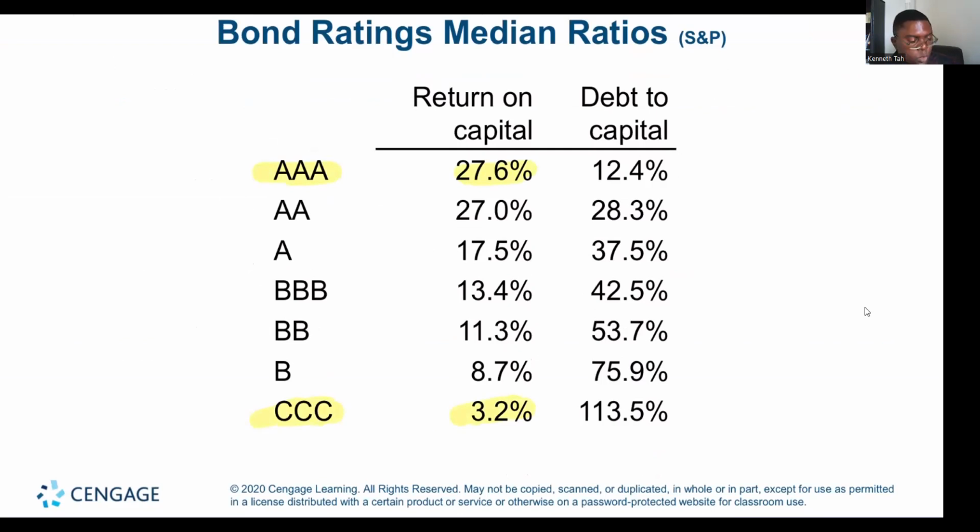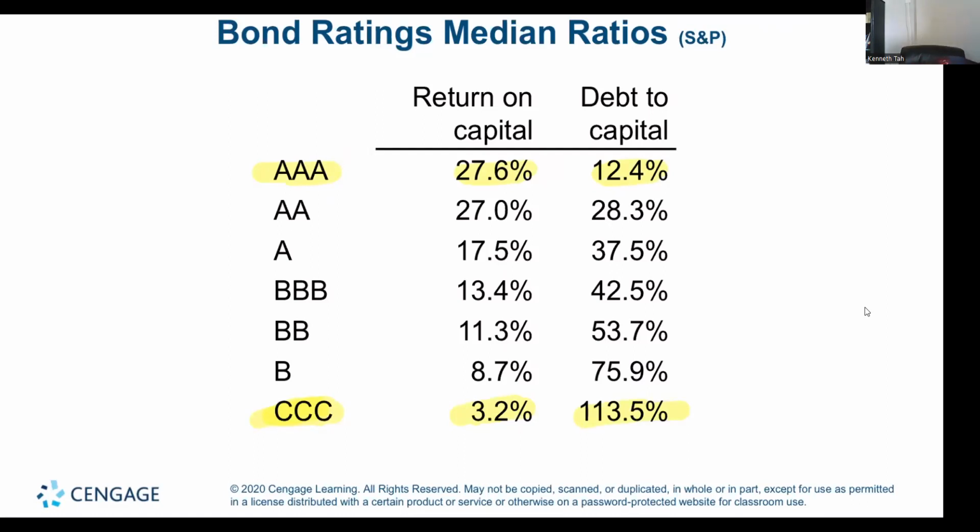The same is true with debt ratio. Bonds with a high rating have a lower debt ratio, whereas bonds with a low rating are more indebted, so they tend to have a high debt ratio.